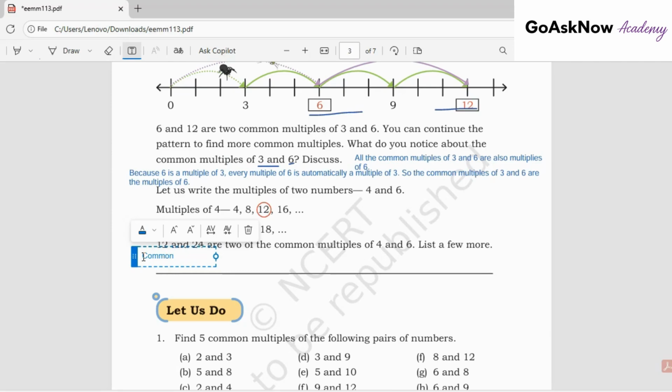The common multiples of 4 and 6 are 12, 24, 36, 48, 60, 72. These are the multiples of the least common multiple, which is 12.